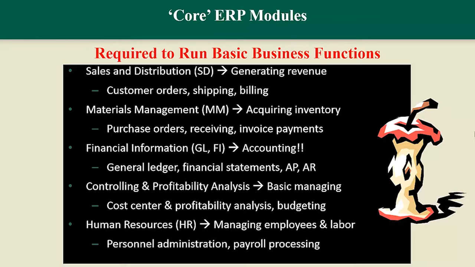Then we have controlling and profitability analysis for basic management of the operations. Here we see cost centers, profitability analysis, budgeting, and then the human resources HR module for helping us manage employees and labor. Things like personnel administration, payroll processing, training.